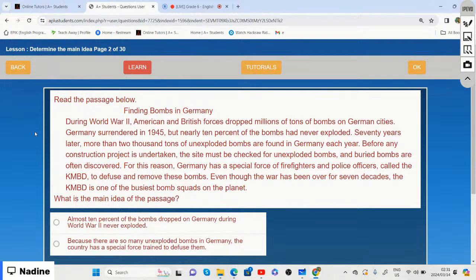So, almost 10% of the bombs dropped on Germany during World War II never exploded, or because there are so many unexploded bombs in Germany, the country has a special force trained to defuse them.